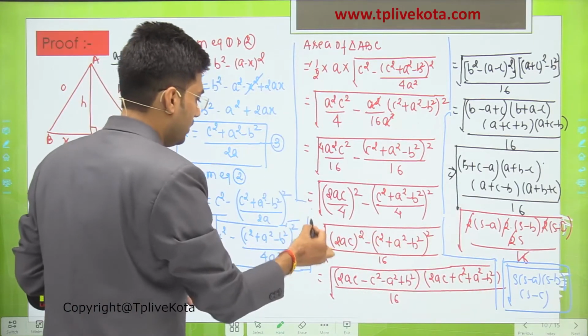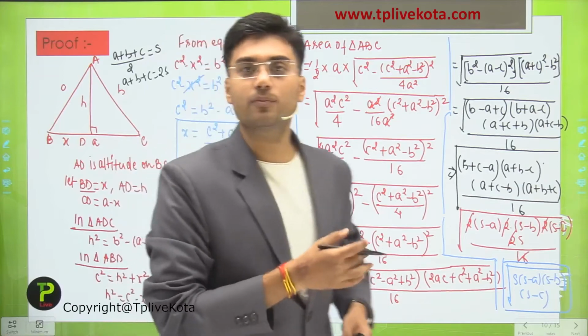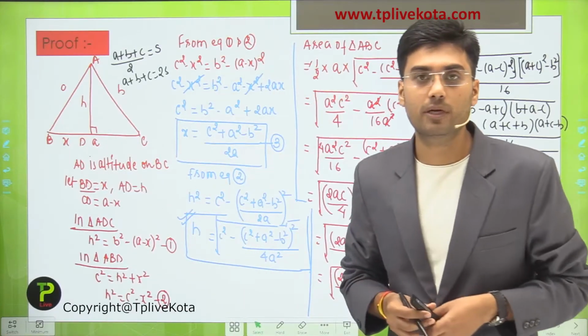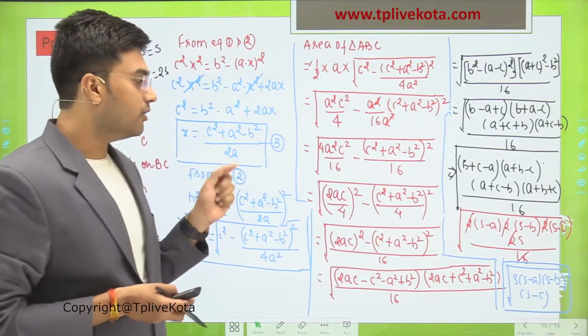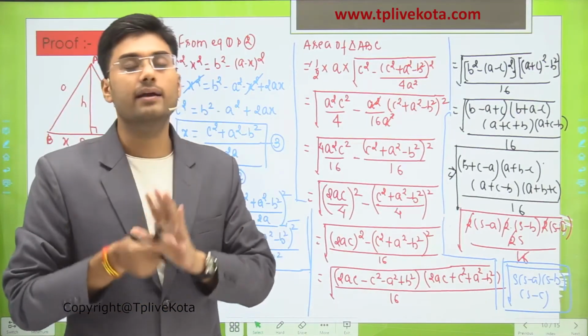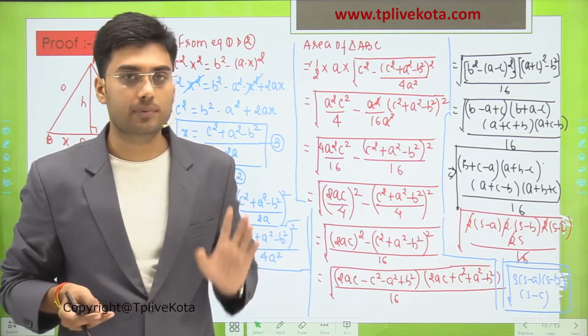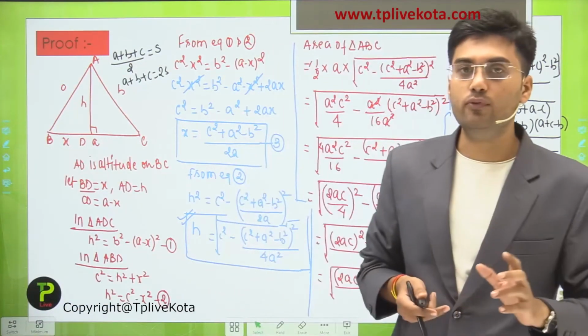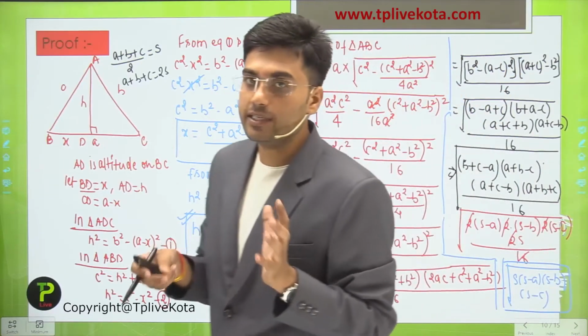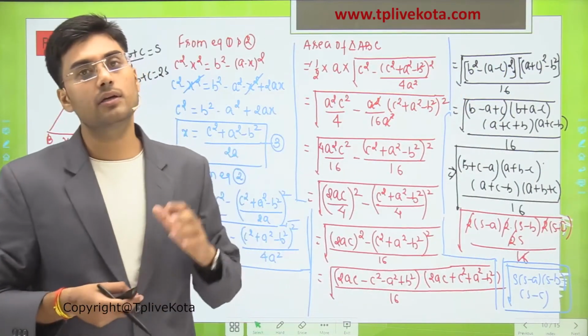I hope you understand this proof of Heron's formula. To prove this we use only one concept, that is area of triangle equals half base multiplied by height, and we use Pythagoras theorem here. Clear? So students, after this proof let's discuss some interesting questions based on Heron's formula.